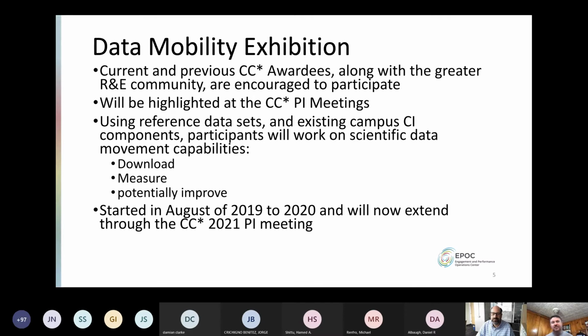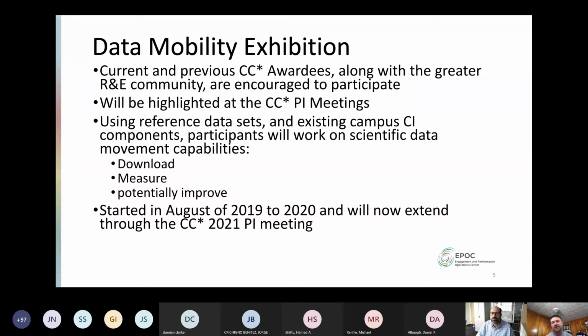So the data mobility exhibition started out with just some initial testing. We recommended this at the 2019 CC Star meeting. It was kicked off then. There's a way that you can participate in this.